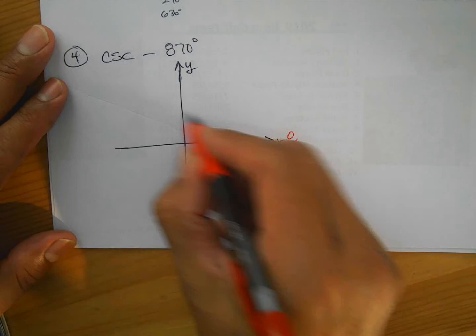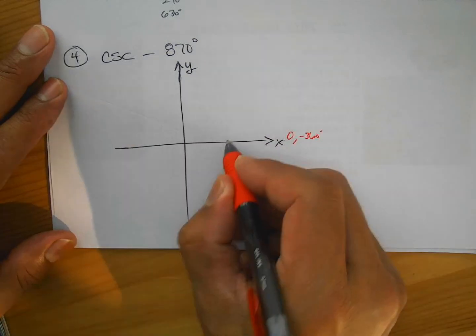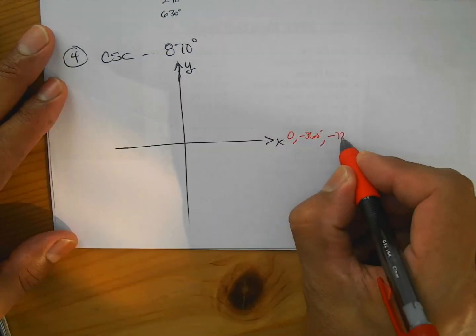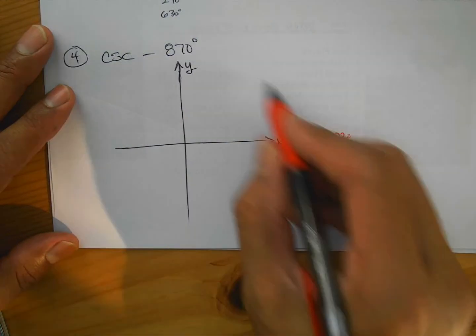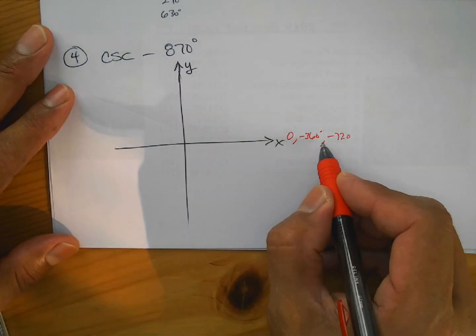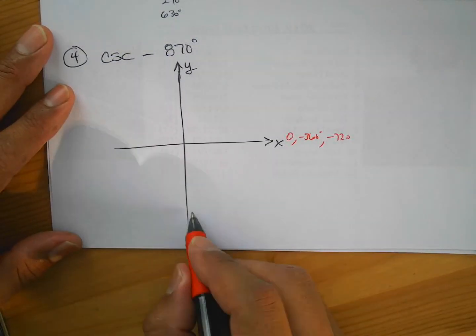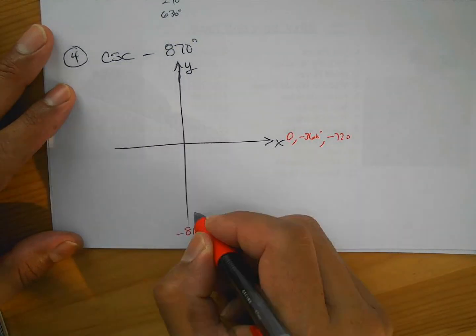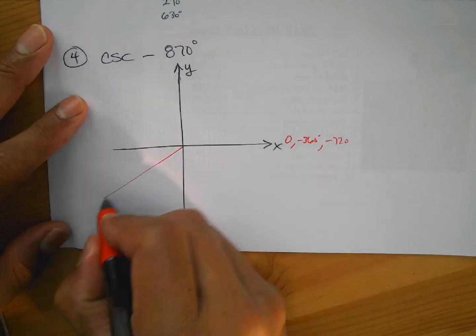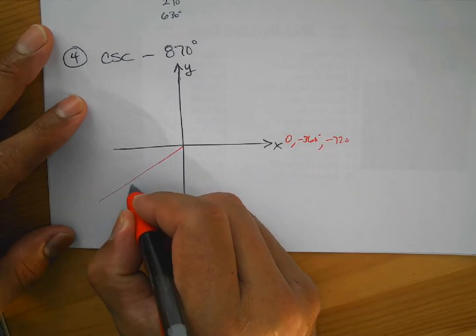That's 0, and then I go around, that's negative 360, and then I go around again, that's negative 720. Negative 720, that's 9 times 8. 9 times 9 is 810, which is negative, so that would be what, 60 more? 60 degrees more that way.